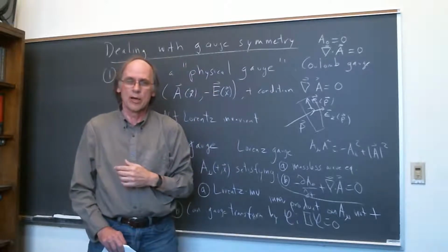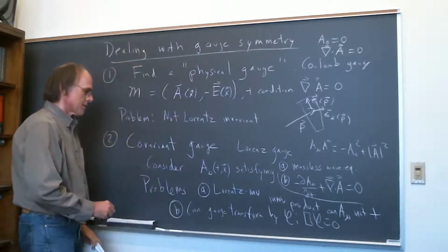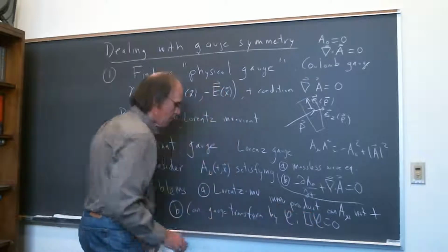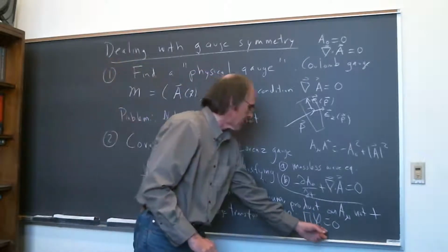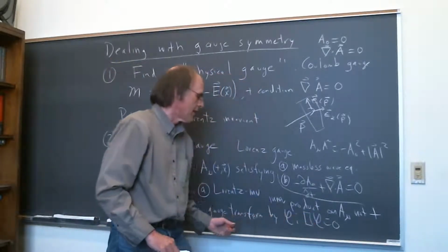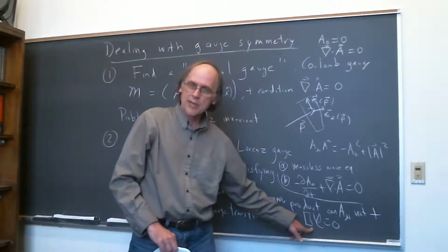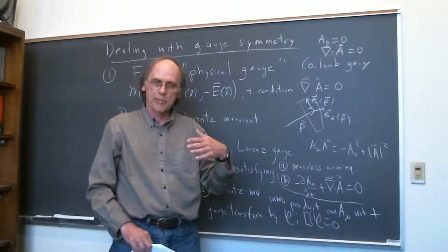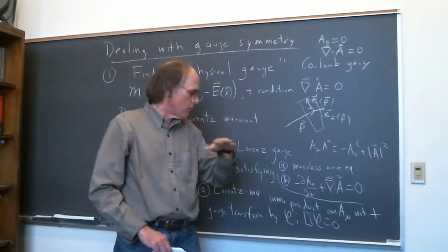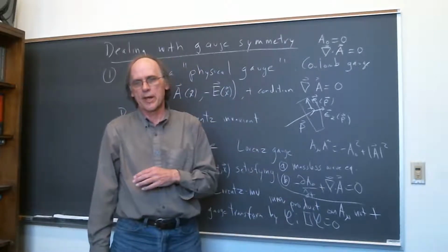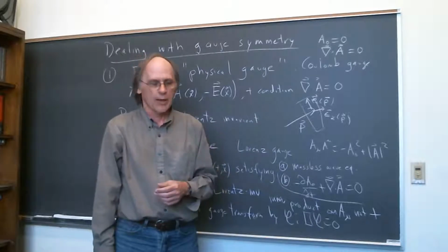Then you use this extra gauge freedom to impose a condition on the states that they be gauge invariant, and that removes the negative norm states.